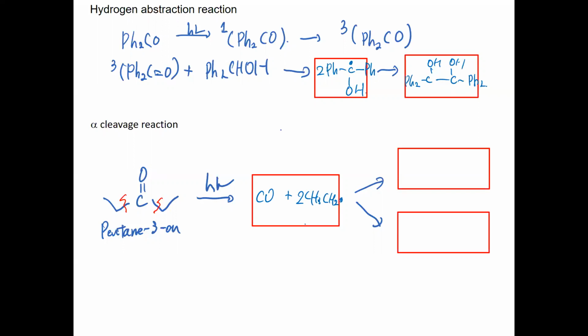And then it's possible to generate, for example, radical species that couple again to make a bond like this.